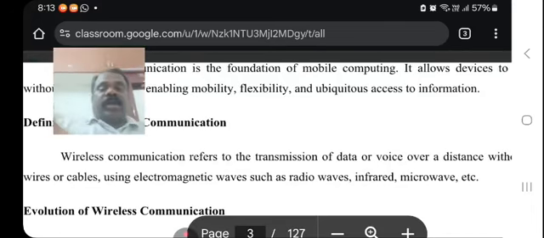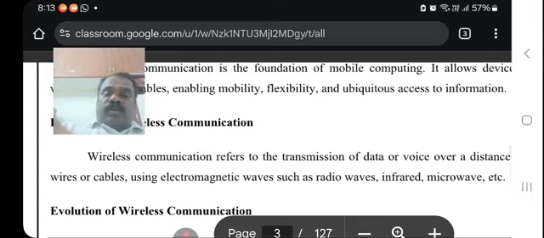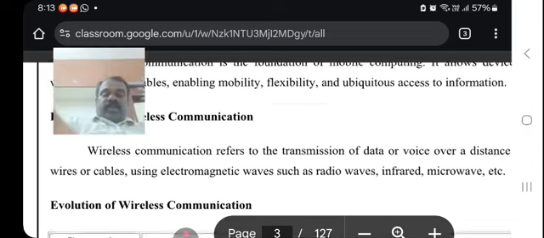Wired communication means the physical devices are connected with wires or cables. In wireless communication we transmit data without wires or cables, mainly through radio waves.